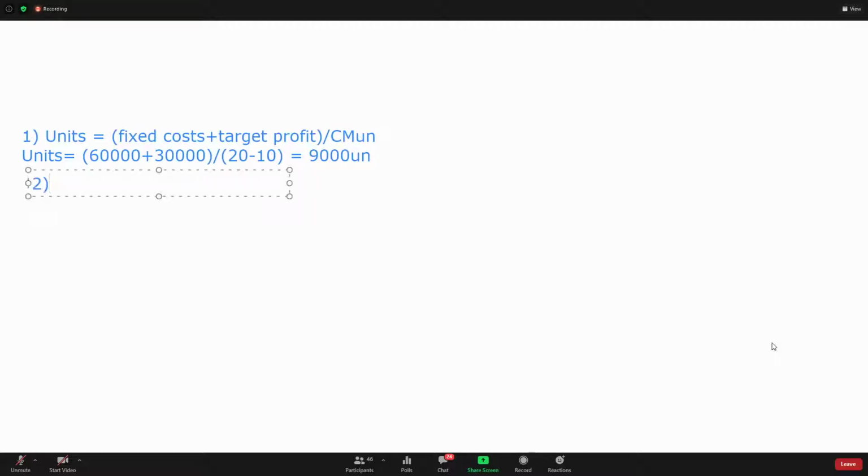So question number 2, we want to know how many units we need to cover the extra costs. So we have an extra cost of 8,000 euros, and we can calculate the units. There are several ways to go about it.